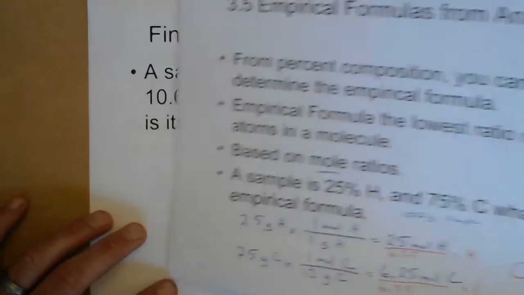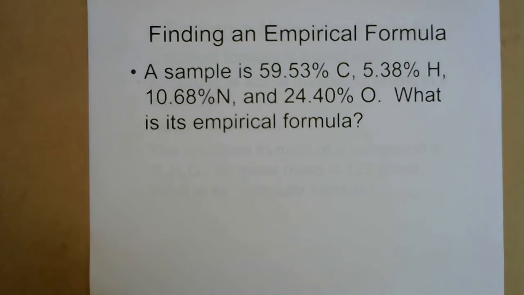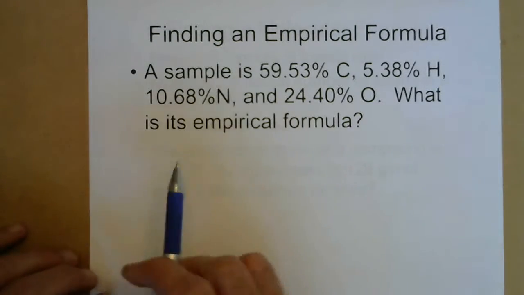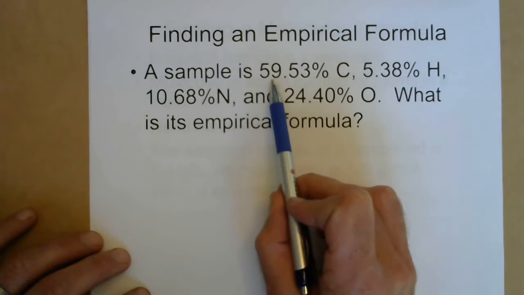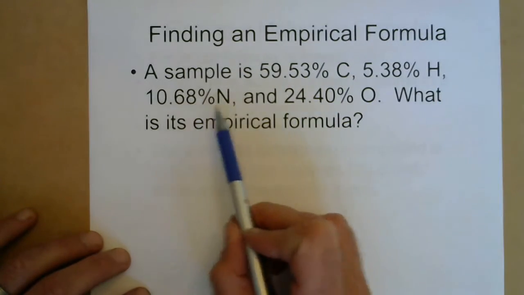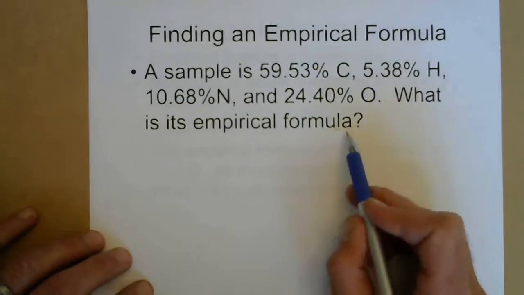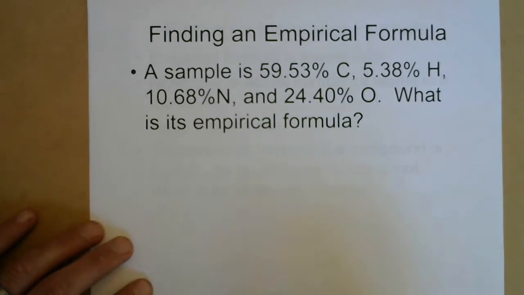Let's look at another example. So this compound has 4 different elements in it. So we have carbon, hydrogen, nitrogen, and oxygen. And we want to find an empirical formula again. So just like before, we'll pretend we have a 100-gram sample.